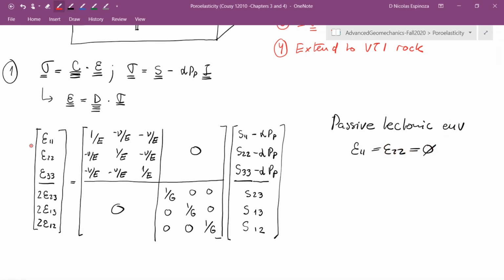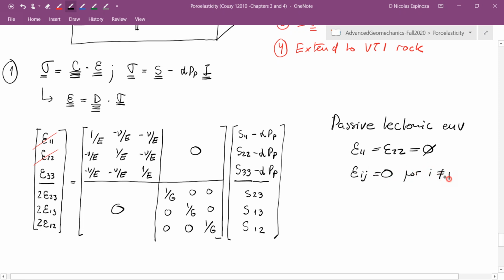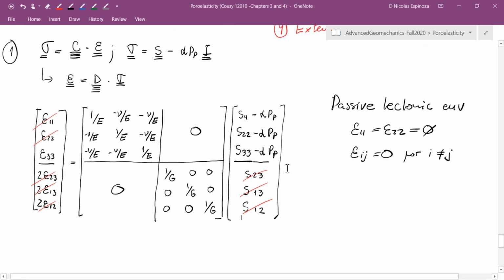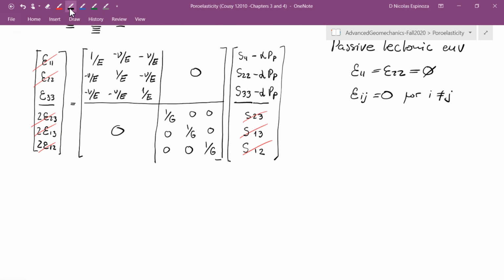That will mean that these two will disappear. Also, all the shear strains are equal to 0, and I can make those disappear also. The shear stresses are also going to be 0. I'm going to have horizontal stresses, though, that are not 0. And let's see what we get now from these equations.